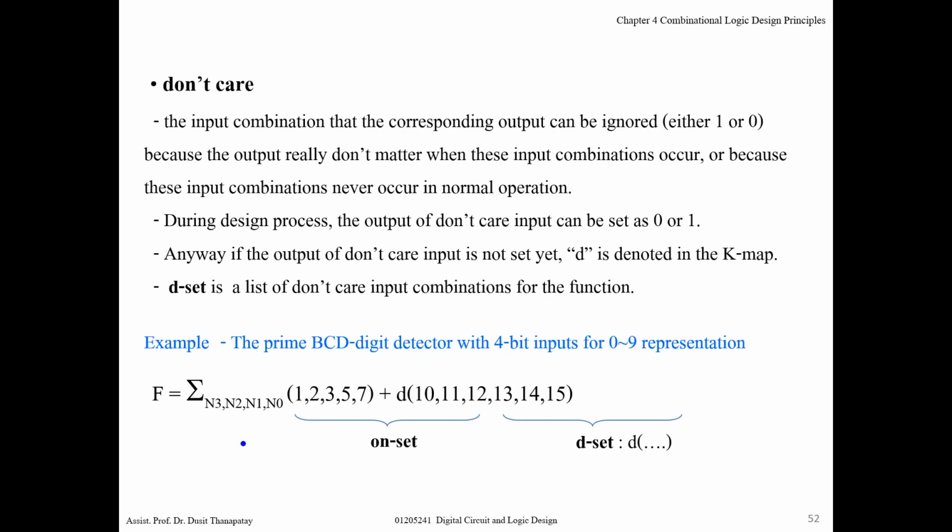If you apply the value 2, 2 is in the onset, right? So the result is 1. Oh, sorry, the onset is this one, and the don't care set is this one.